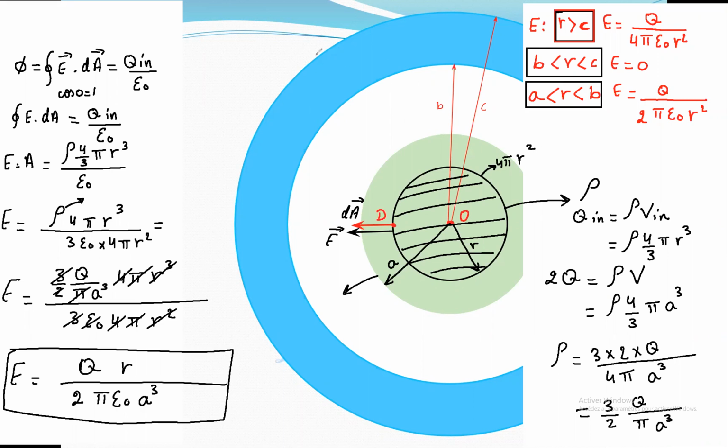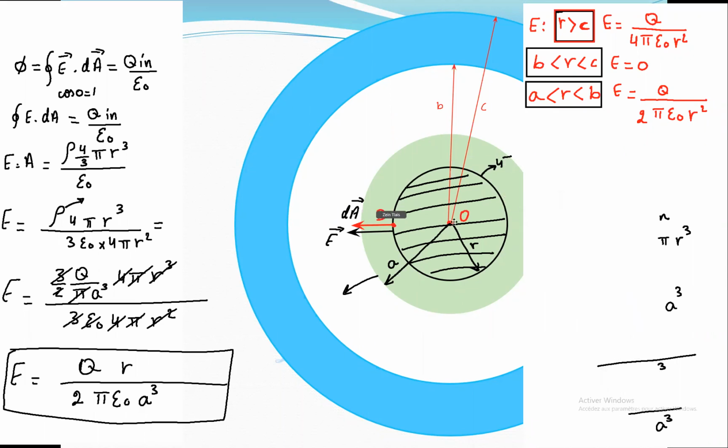In the case where r is between 0 and a, okay, we have E equals q r divided by 2 pi epsilon 0 a cube.